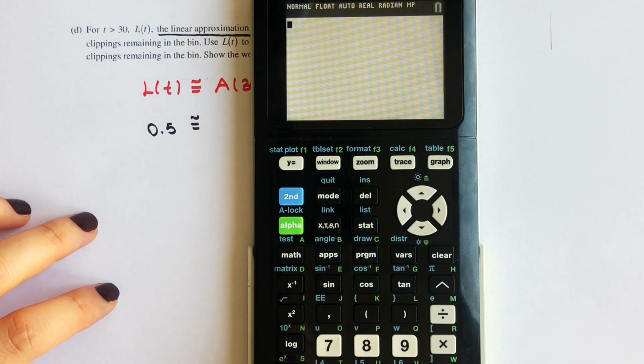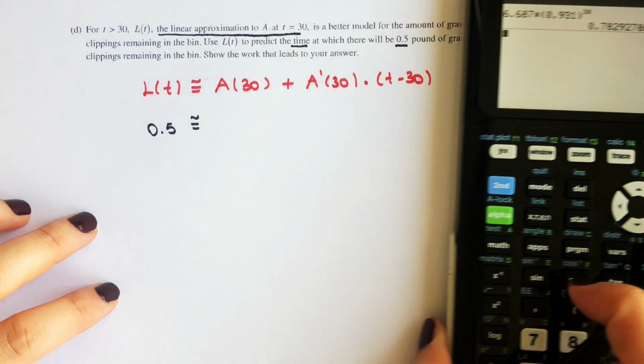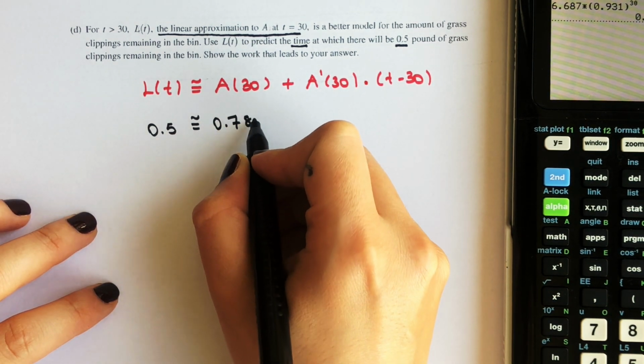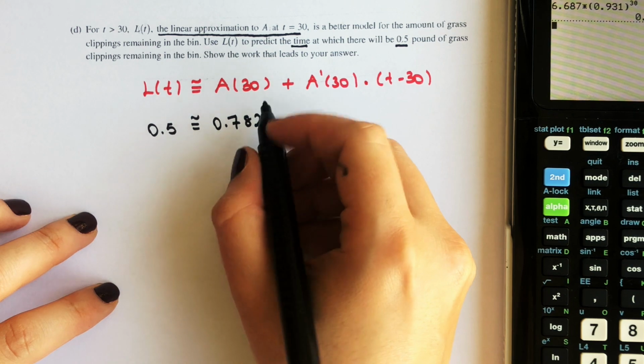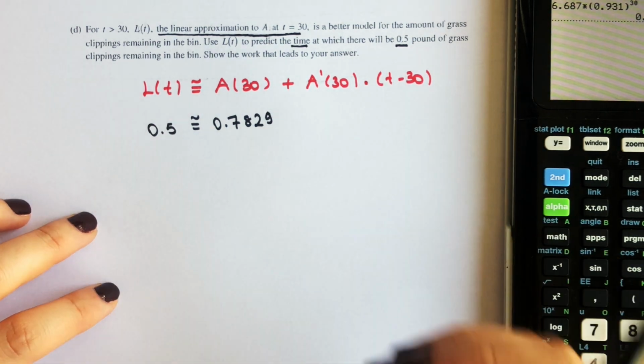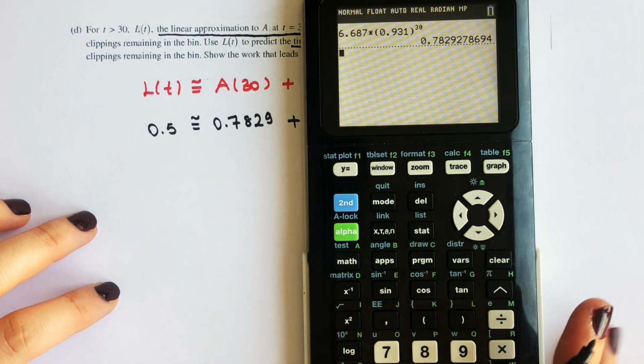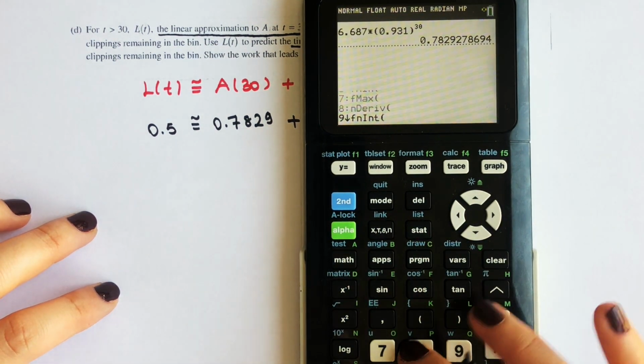Okay. In order to get A of 30, write the function 6.687 times 0.931 to the power of 30. Enter. It will be 0.7829, I think that's enough, plus, and now find the derivative at 30, math 8x.